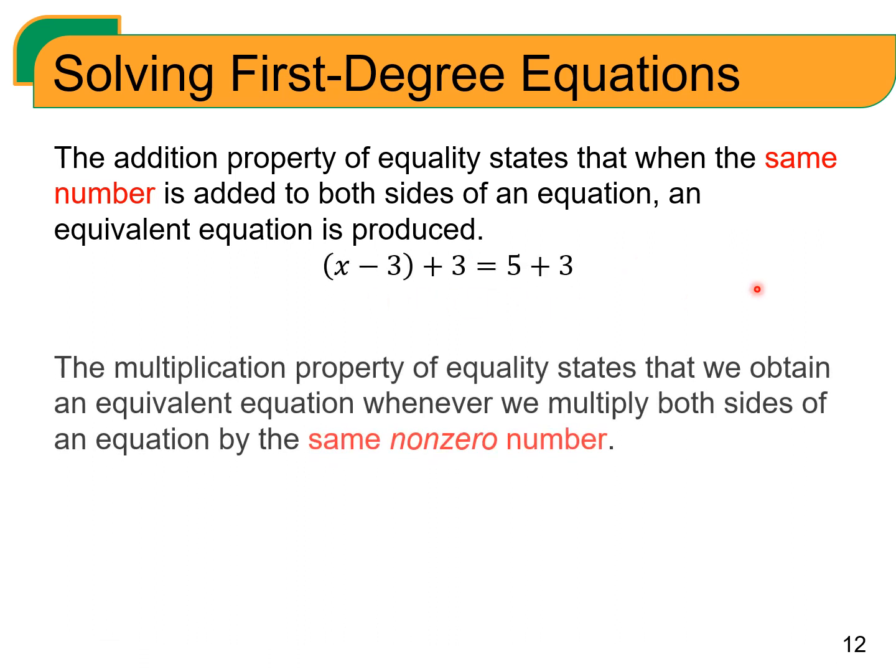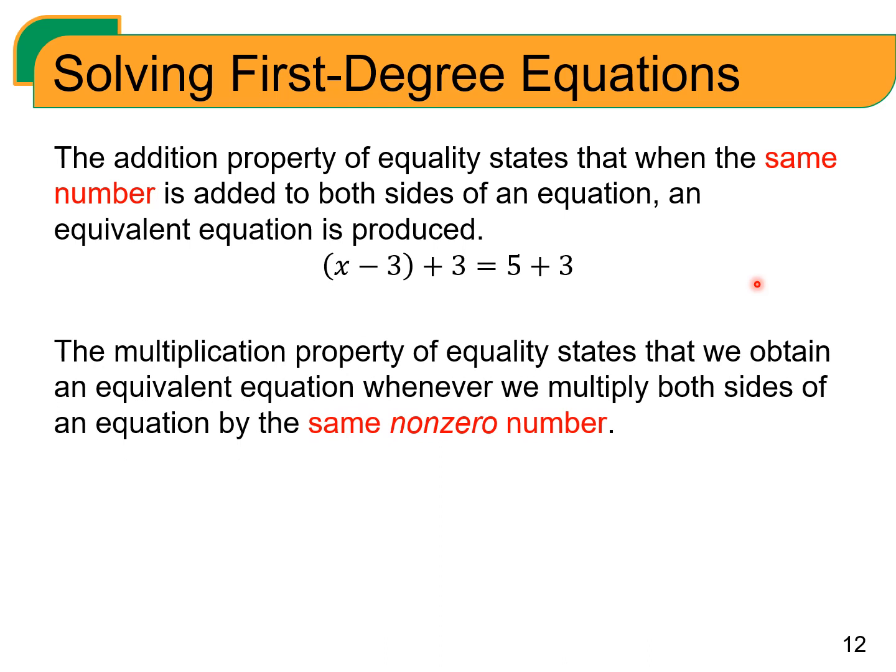However, the multiplication property of equality states that we obtain an equivalent equation whenever we multiply both sides of an equation by the same non-zero number. Well, we just showed you a while ago, 1/3 times 3x equal to 9. Now we get 1/3 times 9, which is 3, the left-hand side equal to x. Then we subsequently solve these equations.